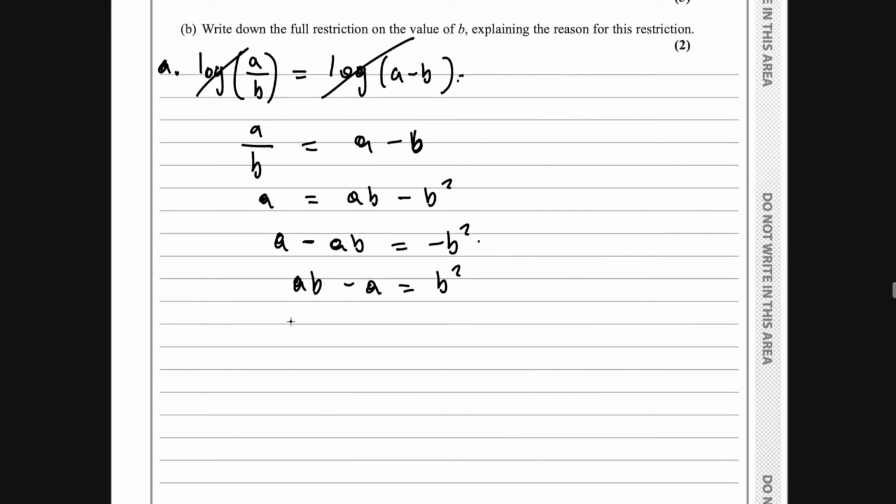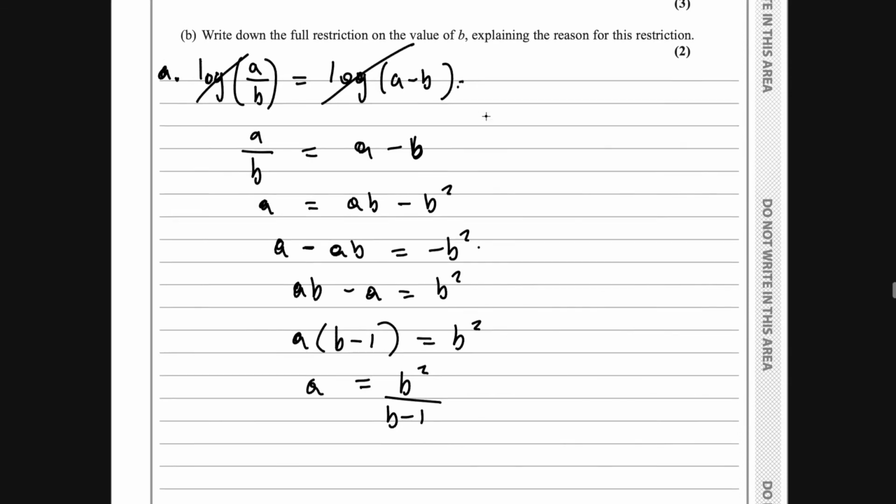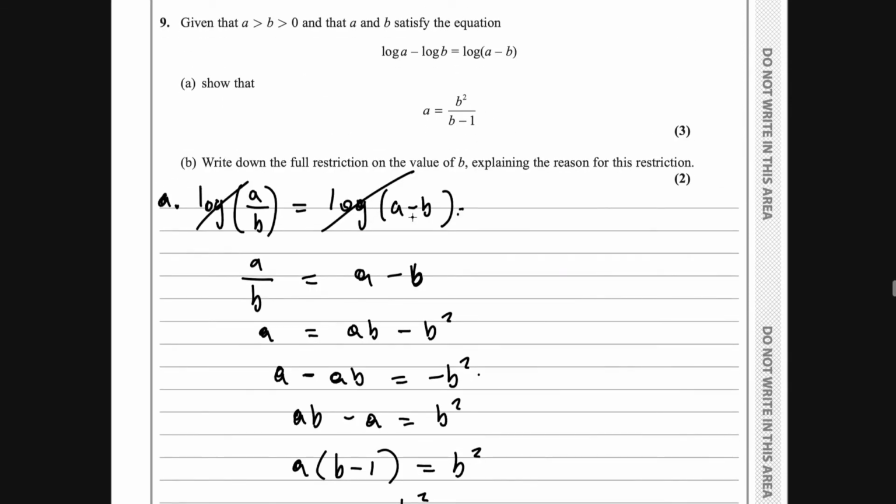I'm going to be factorising out the A. And I'm going to be taking this to the other side to make A the subject. Brilliant, that's exactly what's required there.